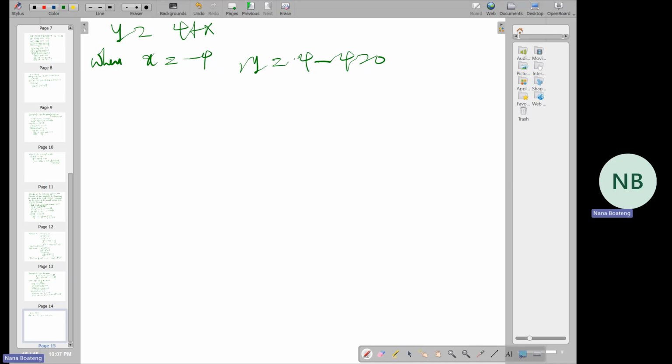So we have the solution set negative 4 and 0. When x is equal to 1, we have y is equal to 4 minus 1, which is equal to 3. So we have the solution as 1 and 3.